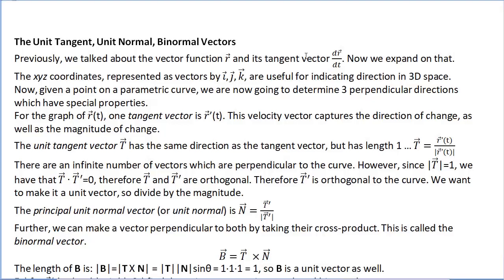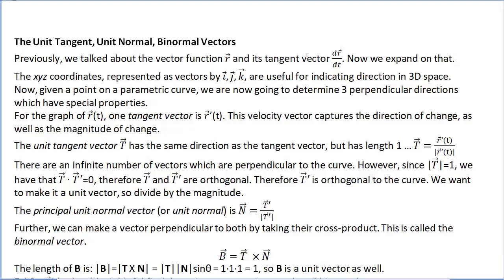So this gives us a way to construct, at any point on a parametric curve, three unit vectors, one in a tangent direction and two in perpendicular directions, and all three vectors are perpendicular to each other. It is almost as if every point on the parametric curve in space has its own xyz coordinates.